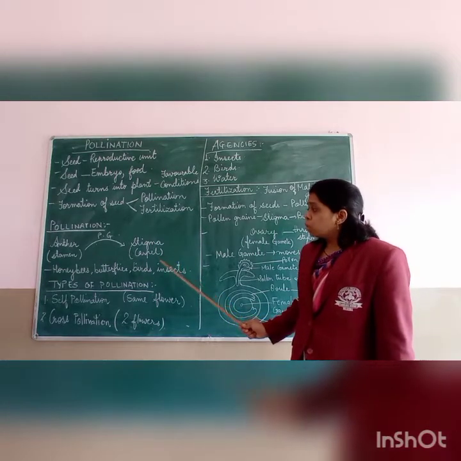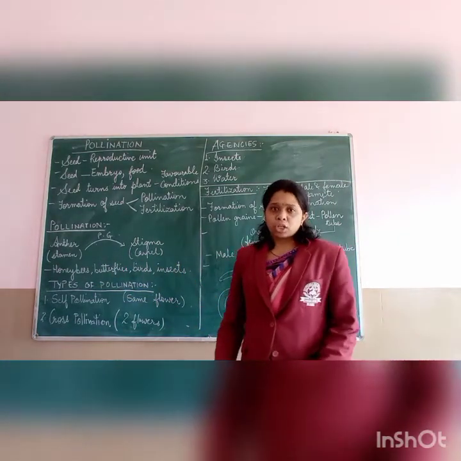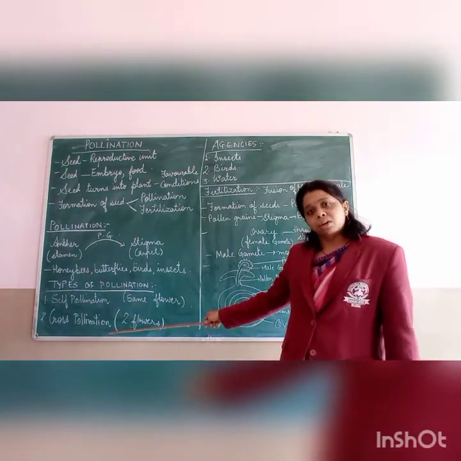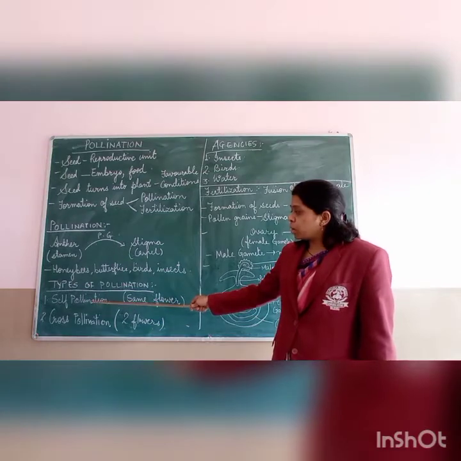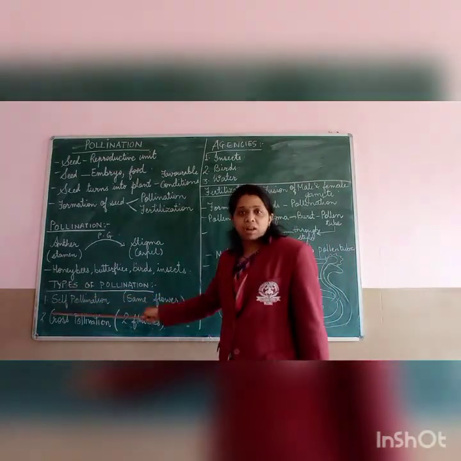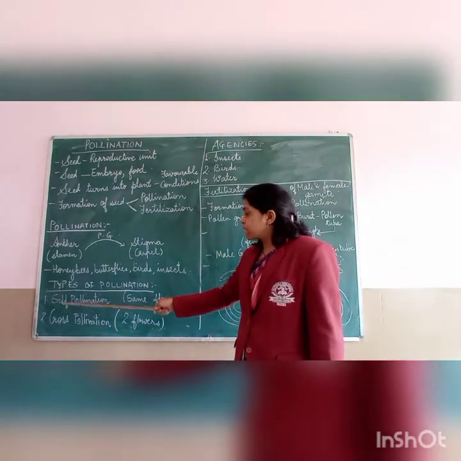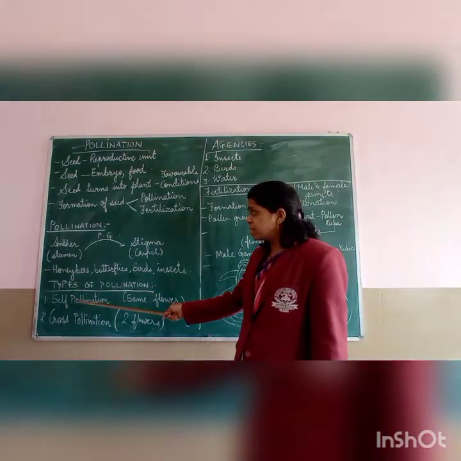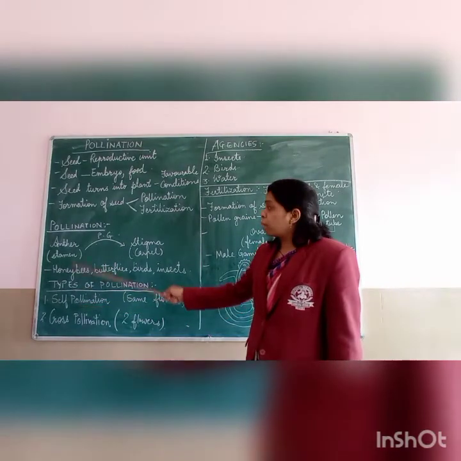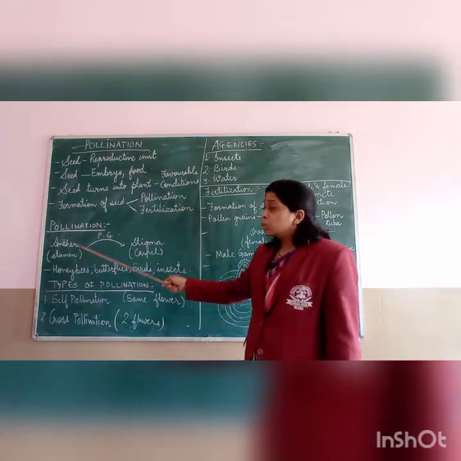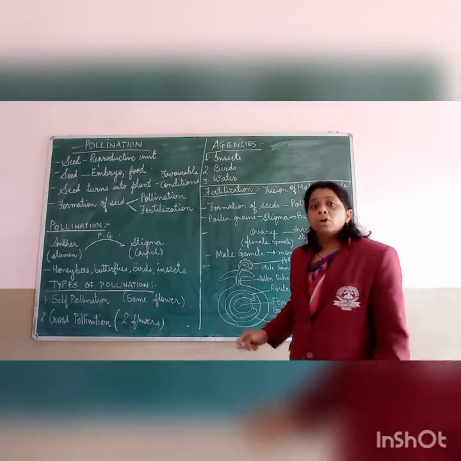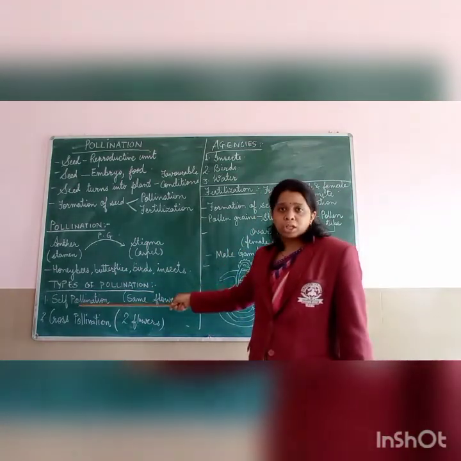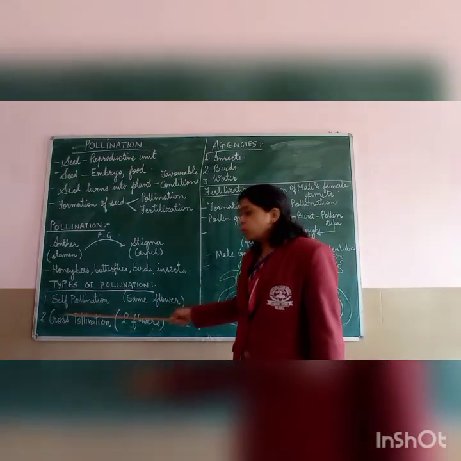Now, there are two types of pollination. One is self-pollination and the other is cross-pollination. Self-pollination, the word itself tells self, meaning on the same flower. That is, the pollen grains are transferred from the anther of the stamen to the stigma of the carpel of the same flower. Whereas cross-pollination is different.